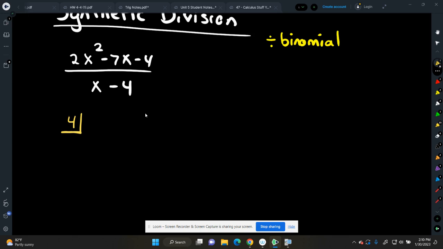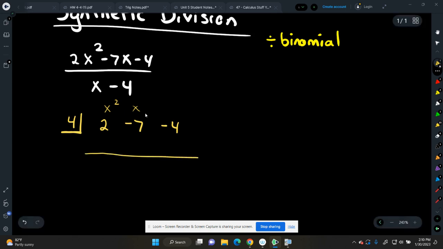Now, we have an x squared and an x, so we're going to list the numbers up here. We've got 2x squared, so we put a 2 there. Minus 7x, so it's minus 7. And then we list the number without the x at the end. It looks complicated. It's not. After we do a couple, you'll see it's not.